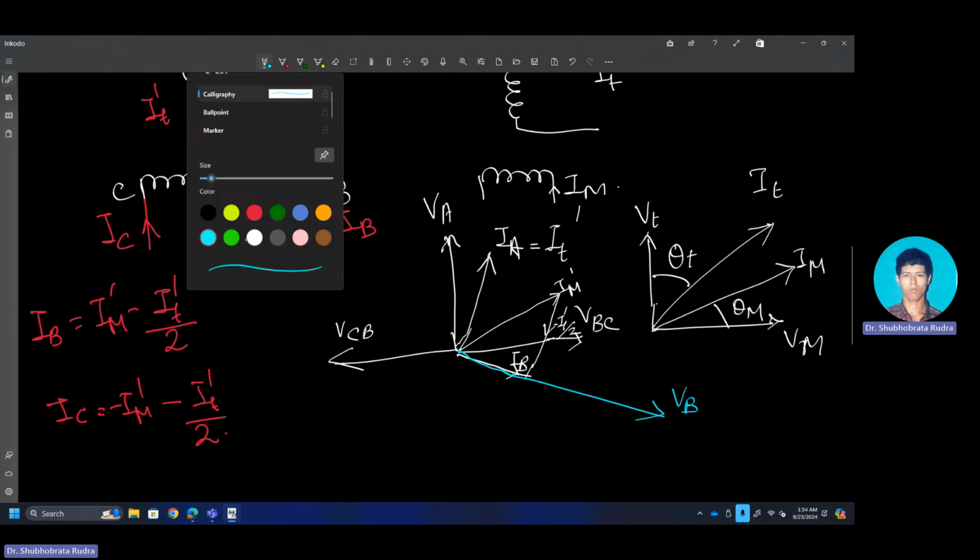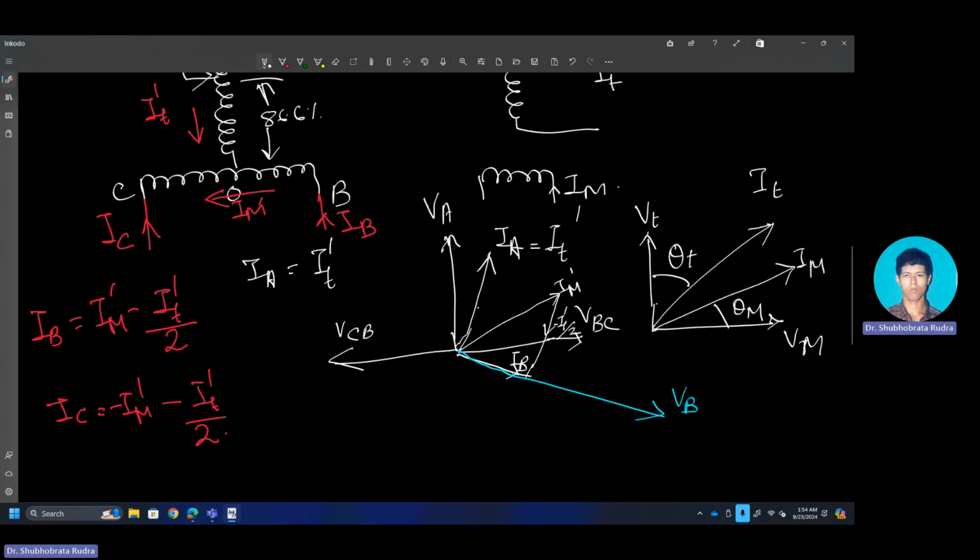So how to figure it out? Very easy. You know theta t. You know this angle, this is your theta m. Theta t and theta m will remain the same on the primary side. Then IA and IT dash by 2 are parallel.